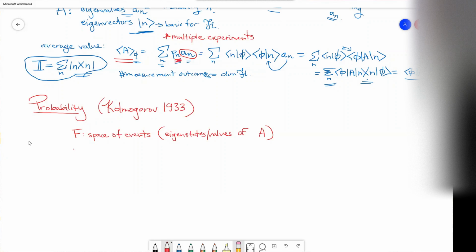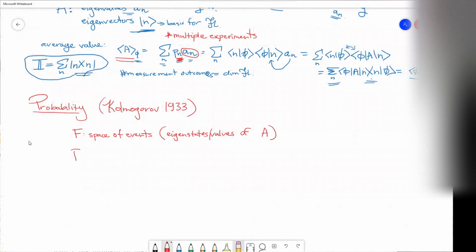And there's a measurement, P(E), which tells us this is going to be the probability of some event E that lives in this space of possible events.